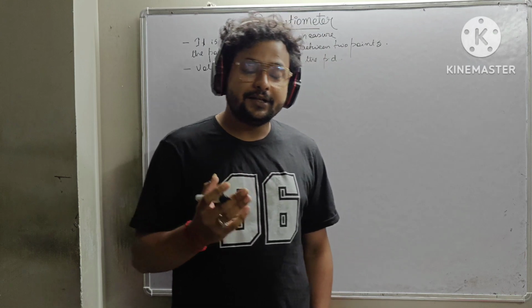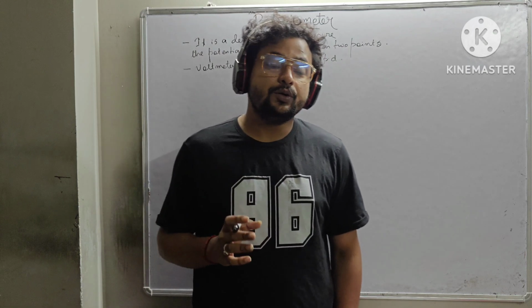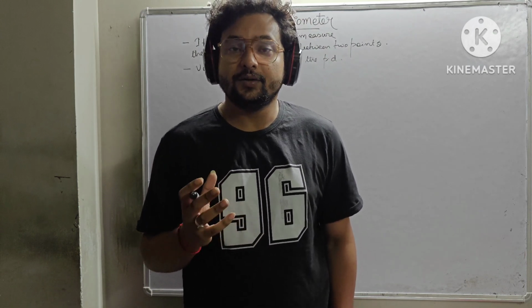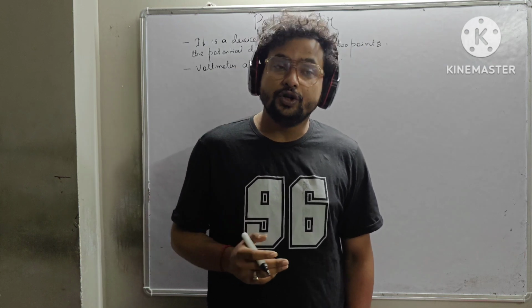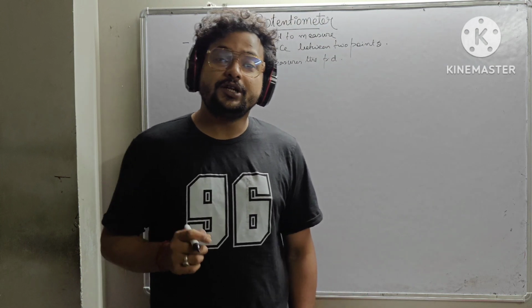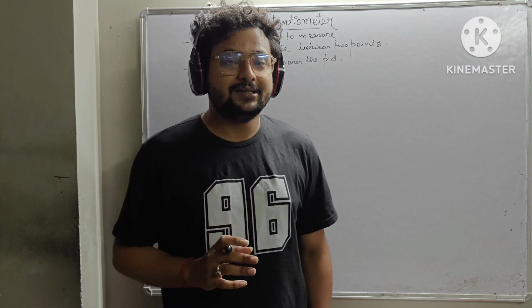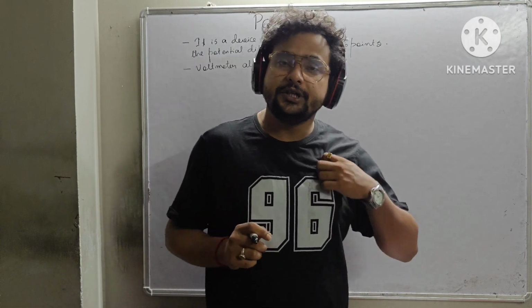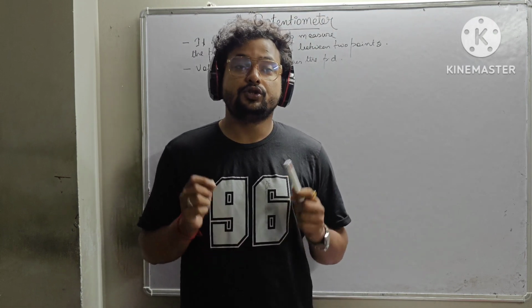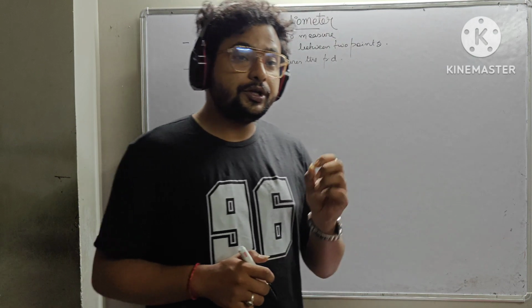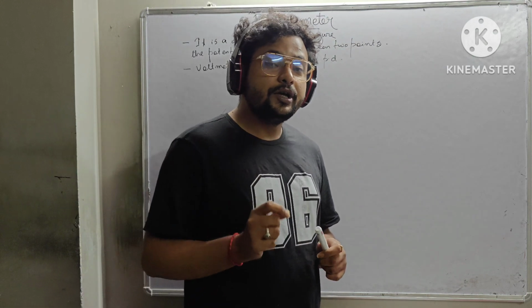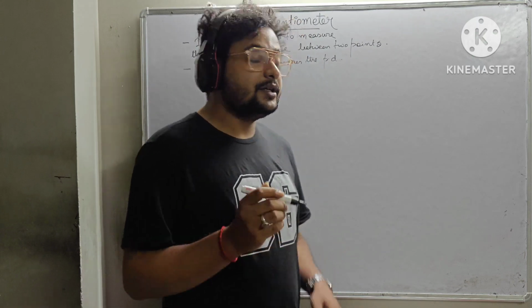Okay. So later on in some other video, I will be telling you how to construct a voltmeter, or what is the internal mechanism of a voltmeter. If you learn about the voltmeter, you will understand that a voltmeter is not 100% accurate. It will give you the potential difference between two points, but it is not 100% accurate. But this particular device, the potentiometer, is much more effective and much more accurate than a voltmeter.